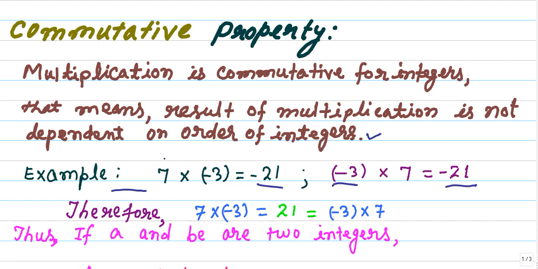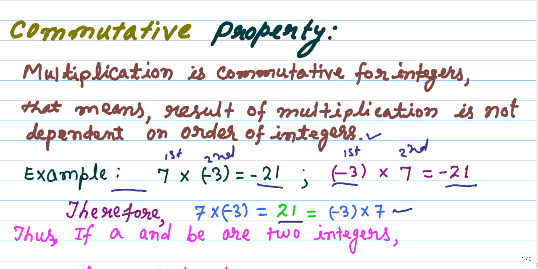When you change the order, we get the same result. So we can write 7 into minus 3 equal to minus 21 equal to minus 3 into 7. The order changes, but the product never changes.